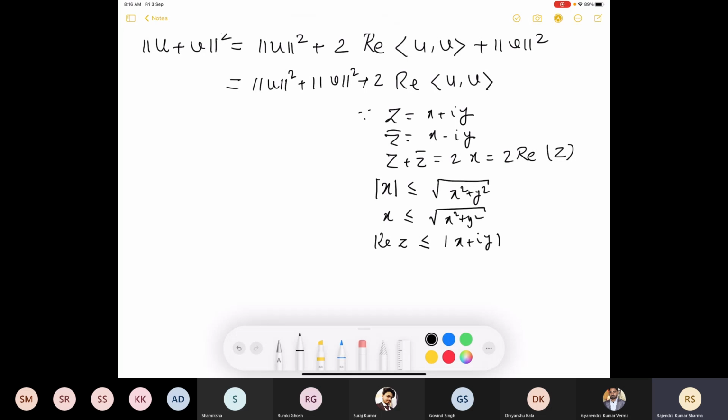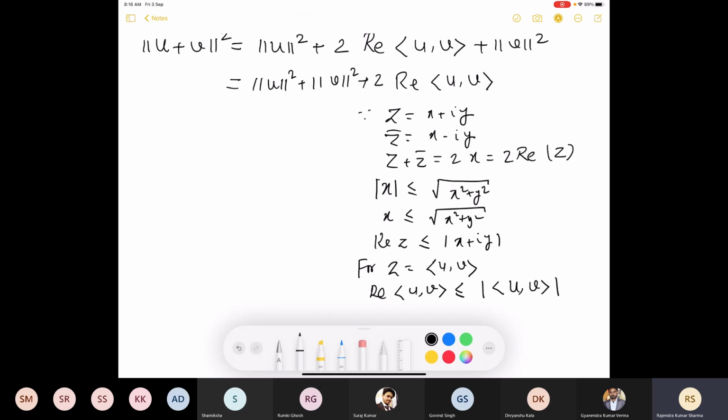And in our context, for z equal to this inner product (u, v), the real part of the inner product is less than or equal to the modulus of the inner product. So this will be twice of that.